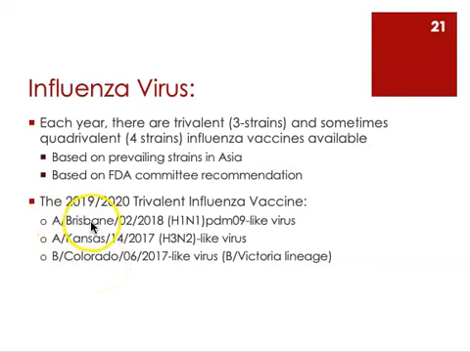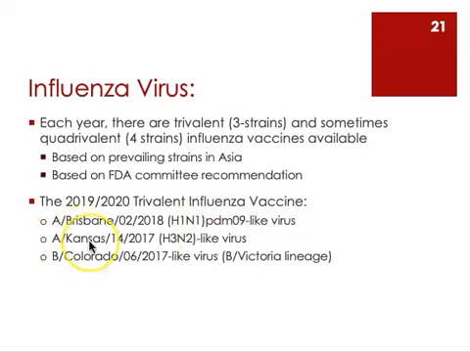A/Brisbane/02/2018 H1N1, and then a strain name. Remember, that's the type of influenza, the geographic region, the strain number, the year it first emerged, the H1N1 designation, and any additional strain information associated with it.